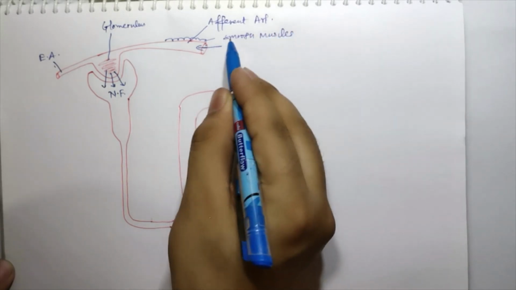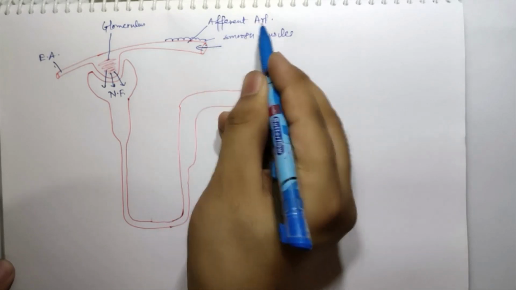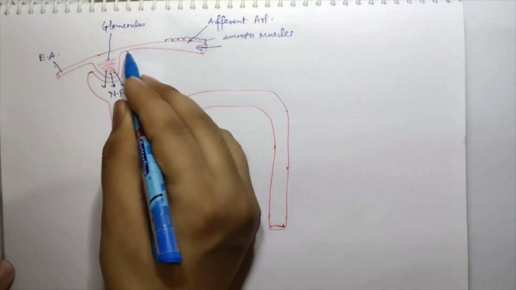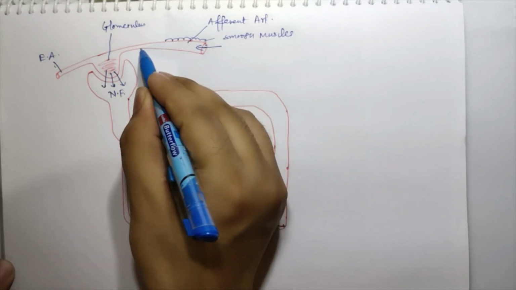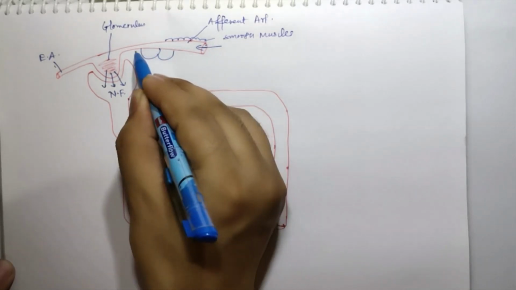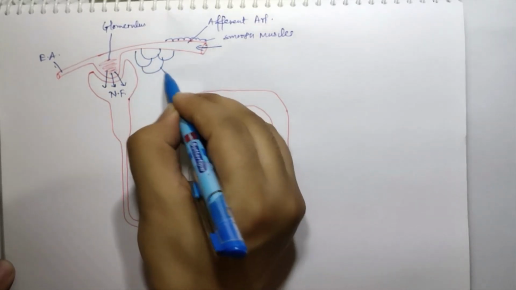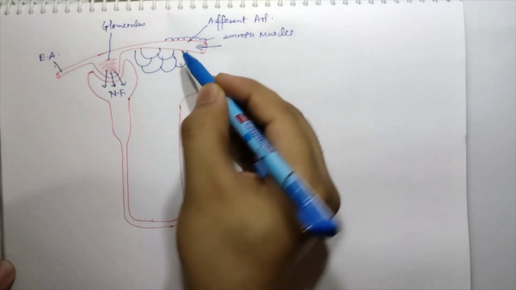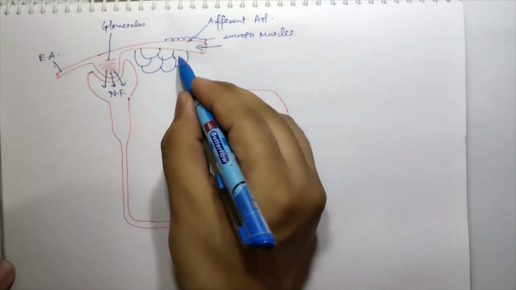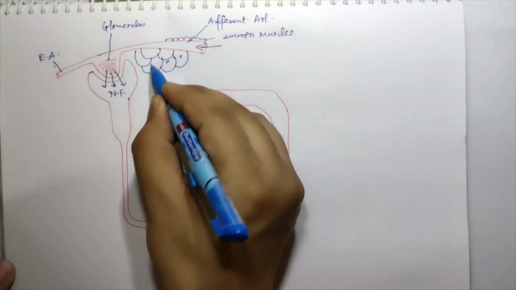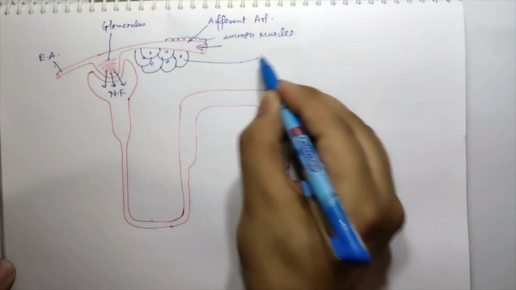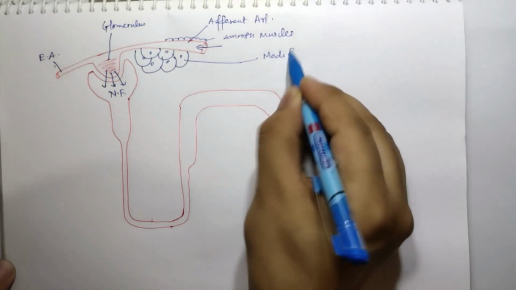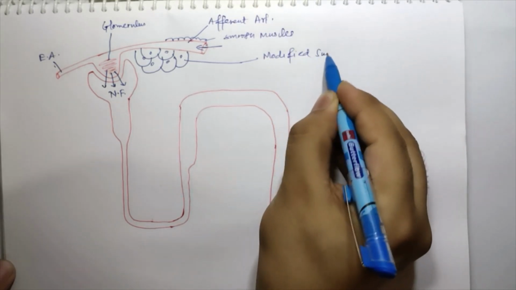But as soon as these blood vessels, the afferent arterioles, approach this glomerulus region, these smooth muscles are modified. They are modified smooth muscles which have a large number of granules.